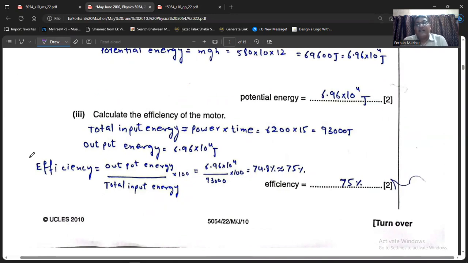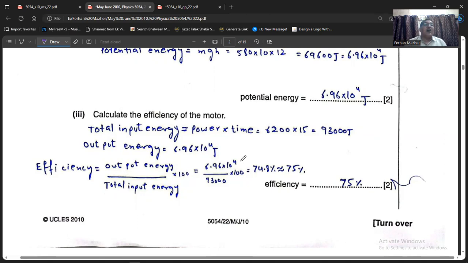The power here is 6200 multiply 15, and that will be 93000 joule. Output energy is that which you have just calculated, the gain in the gravitational potential energy, that is 6.96 exponent 4 joules.